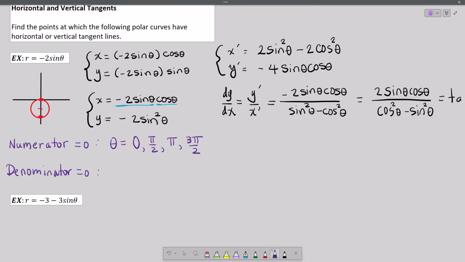Because these are both squared, it doesn't matter whether we're in quadrant 1, 2, 3, or 4. They have to have the same magnitude in order to make that 0. So sine has to be equal to cosine, or sine has to be equal to minus cosine. So that's going to give us pi over 4, 3 pi over 4, the corners, the diagonals. So pi over 4, 3 pi over 4, 5 pi over 4, and 7 pi over 4.